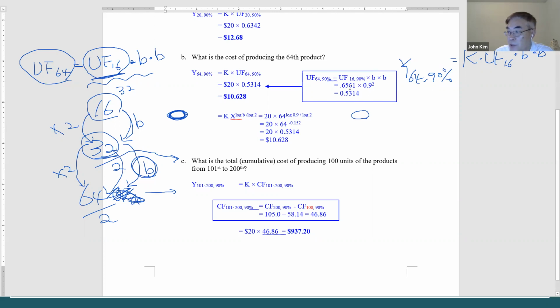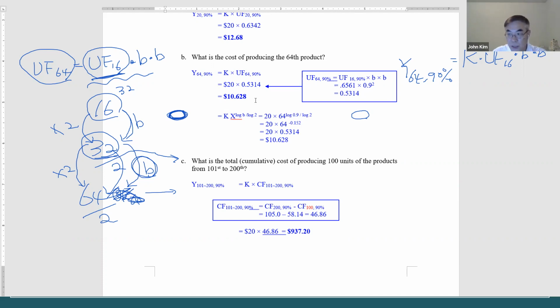So 0.6561 times 0.9 squared equals 0.5314. So unit factor 64 is 0.5314. So times K, then the unit cost for the 64th unit is 10.628.